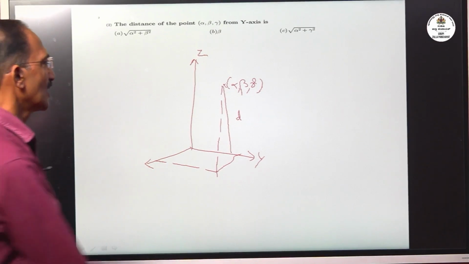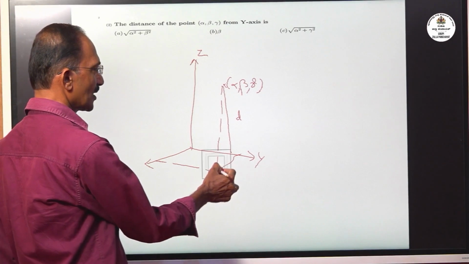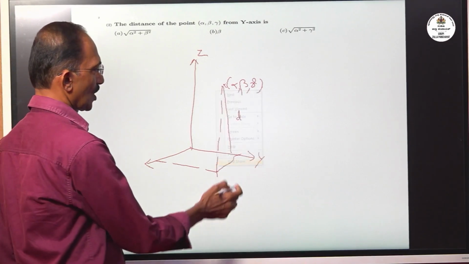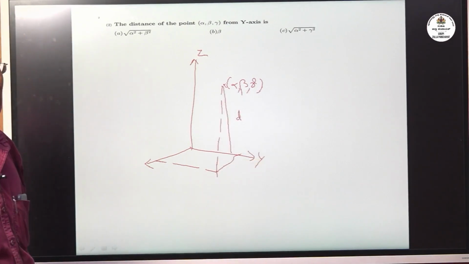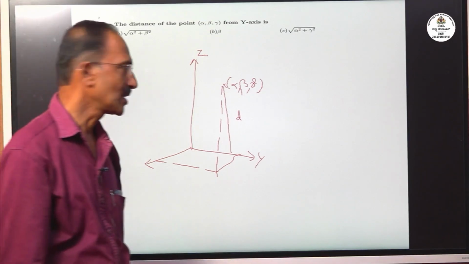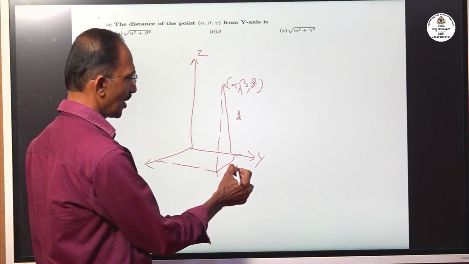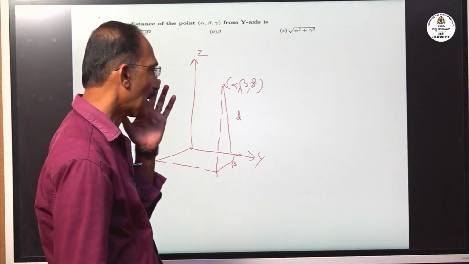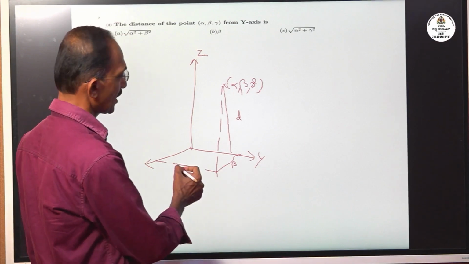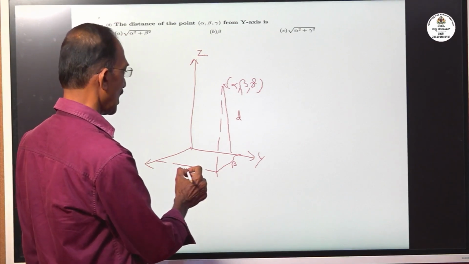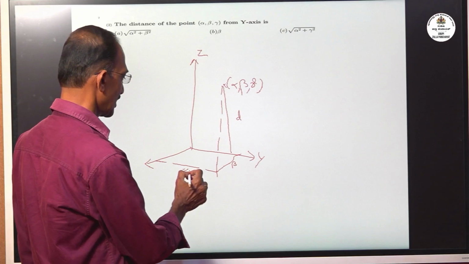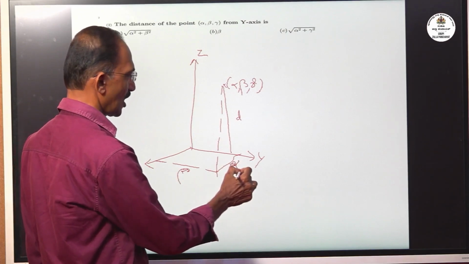Clearly here you have a 90-degree angle, so using Pythagoras theorem you can find the value of d. This distance is beta, and this distance is alpha. Sorry, this is beta and this is alpha.